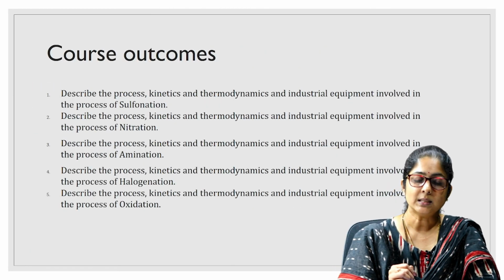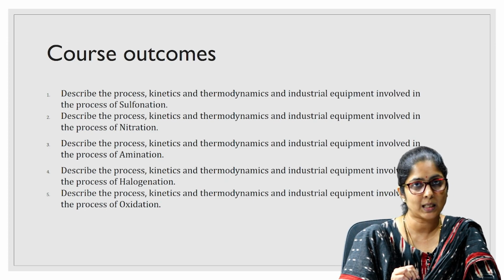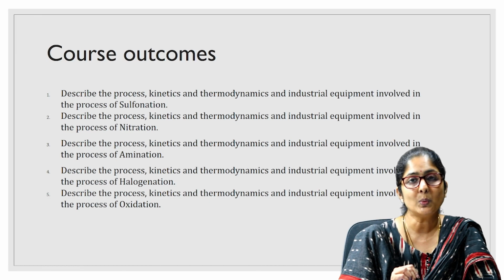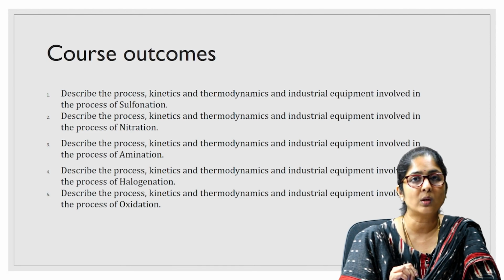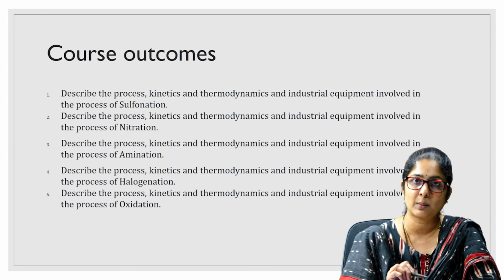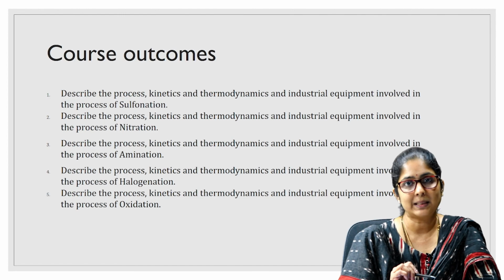This would be the outcomes of your course. That is, you need to understand the process, you need to tell about the kinetics and thermodynamics involved in a particular process, as well as draw the process flow diagram and the various industrial equipment used in that particular process. So with this background, I complete the introduction.